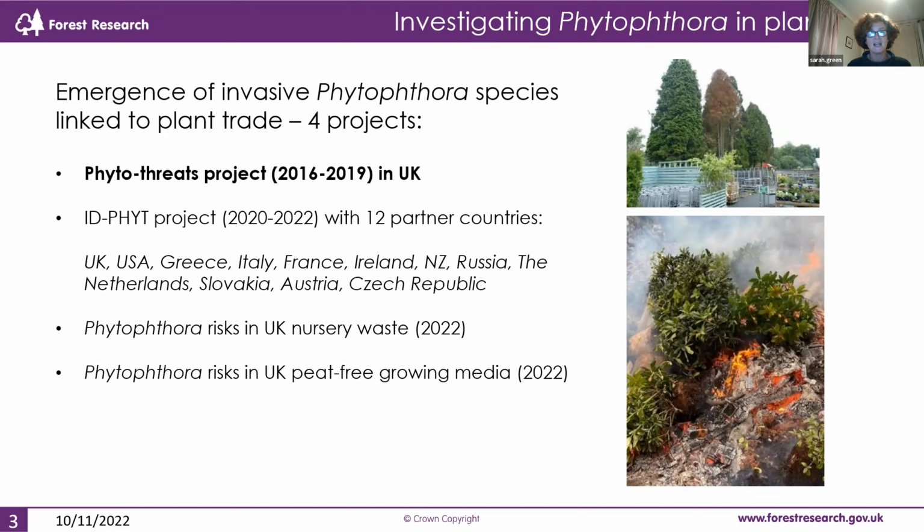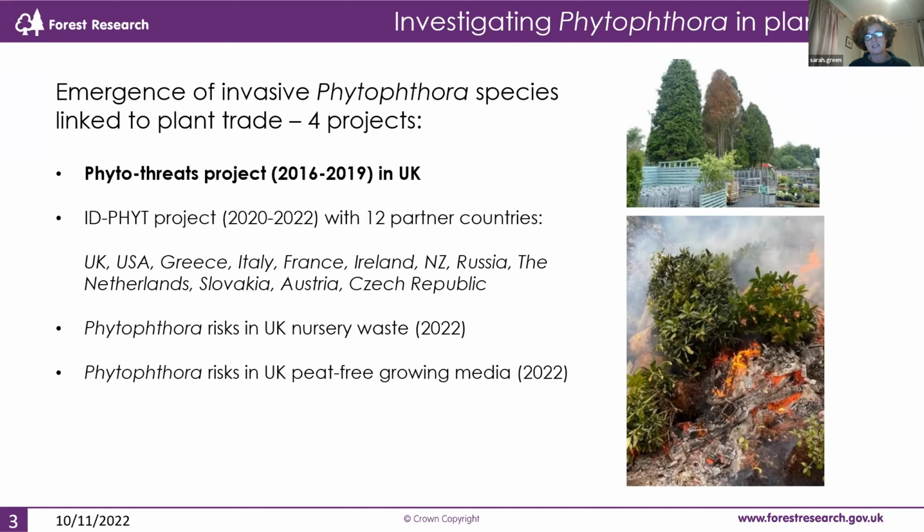So this is something we have been working with, also with the certification scheme, which I'll talk a little bit about at the end. And then the other issue of concern that we have at the moment is the move to peat-free growing media, which is good from an environmental perspective, because peat is a finite resource. But the banning or the phasing out of peat, particularly in the amateur market, is raising some concerns about what the other constituents are and how they're sourced and how they're processed.